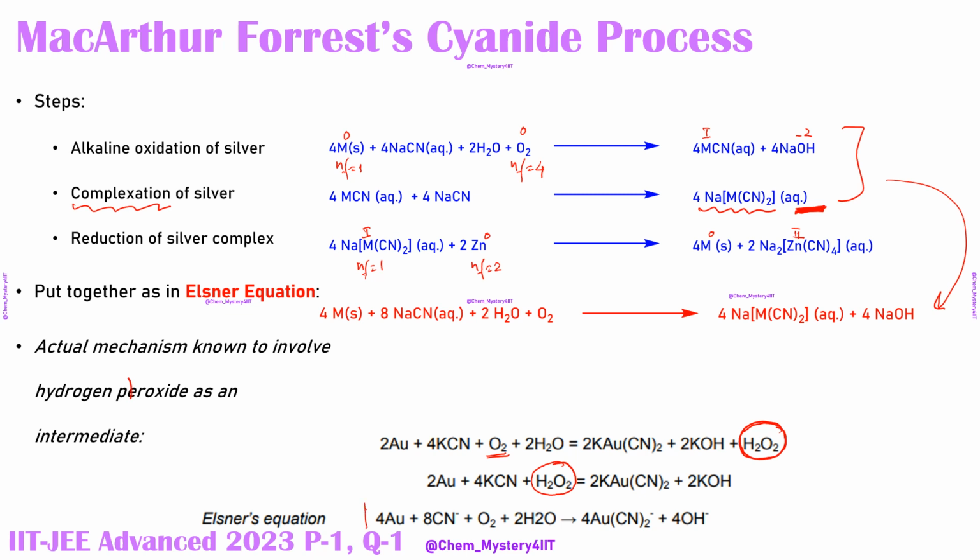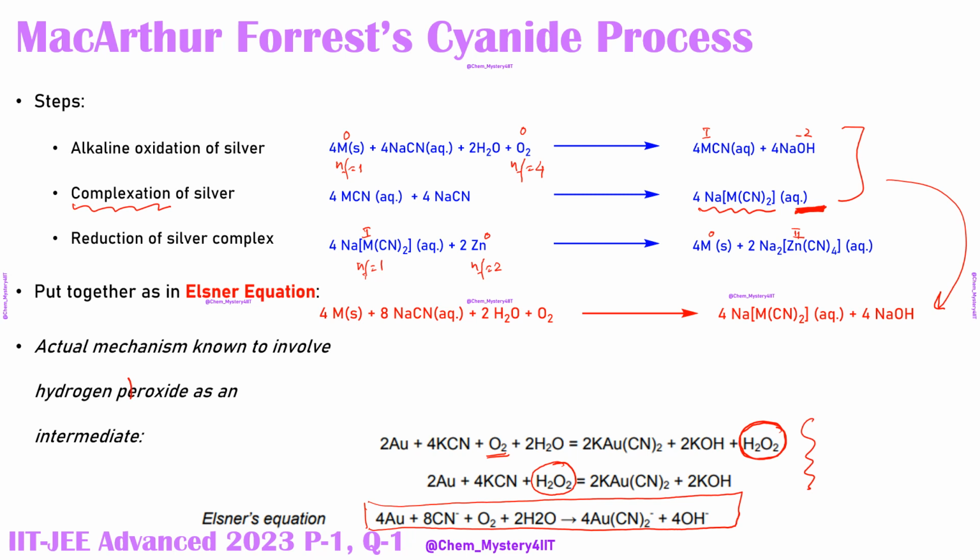So the final Elsner equation turns out to be the same, although in different representations which we might have been seeing earlier, maybe looking like the very first one. So that is your Elsner equation, which has the involvement of hydrogen peroxide, which most of the times we are not seeing. We are just stating the reactants and products. We are not involving hydrogen peroxide.